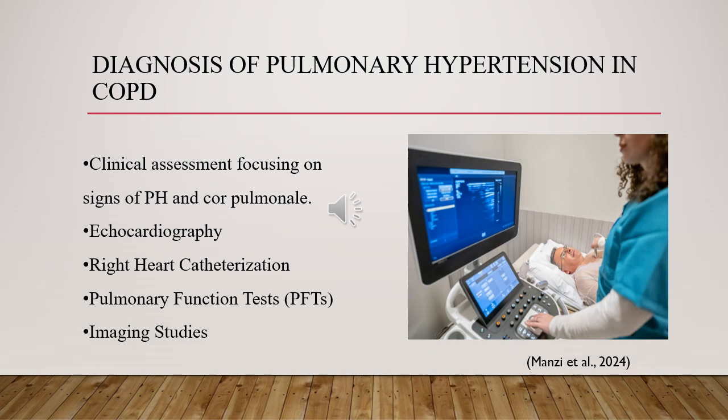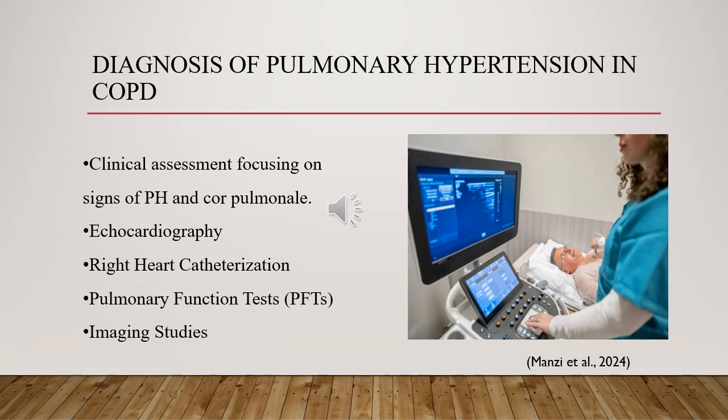Echocardiography is a non-invasive imaging technique that provides an estimate of pulmonary artery pressure and assesses right ventricle function. However, while valuable, it can sometimes be imprecise. Menzi shows that the gold standard for diagnosing PH is right heart catheterization, which measures pulmonary artery pressure directly and confirms the diagnosis.